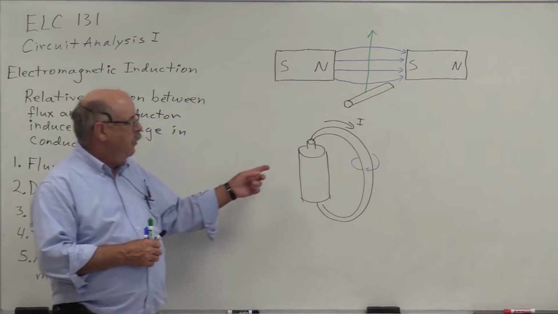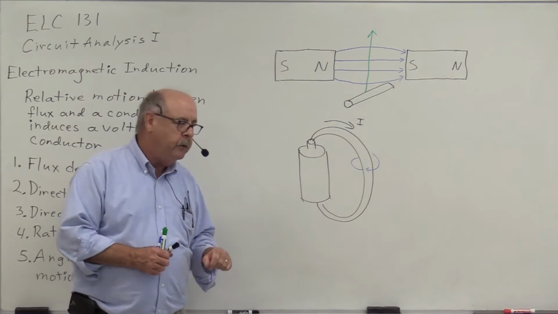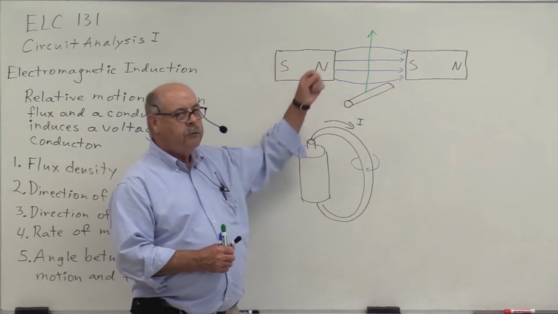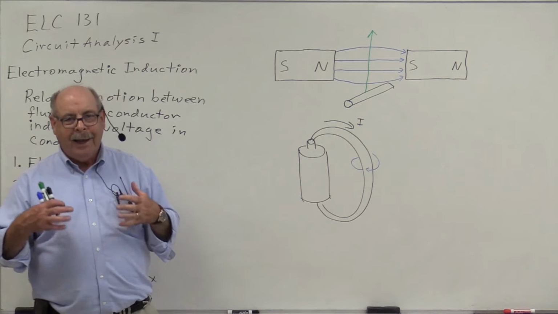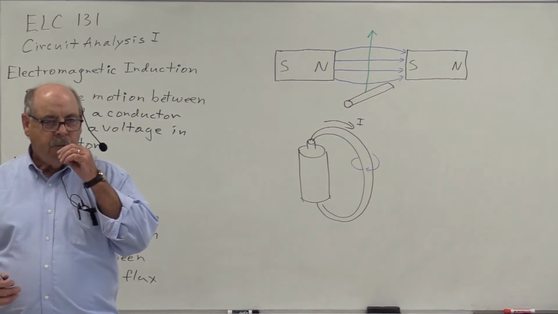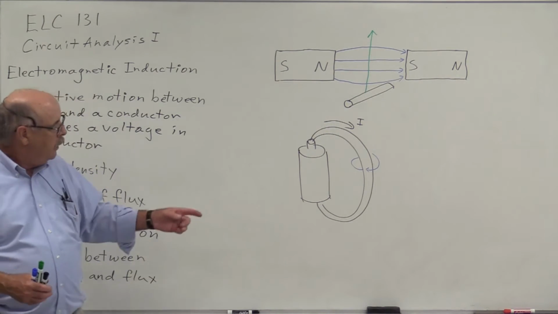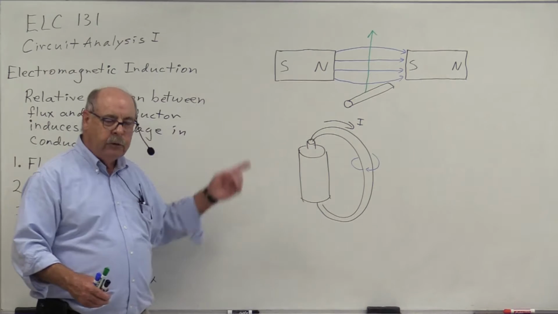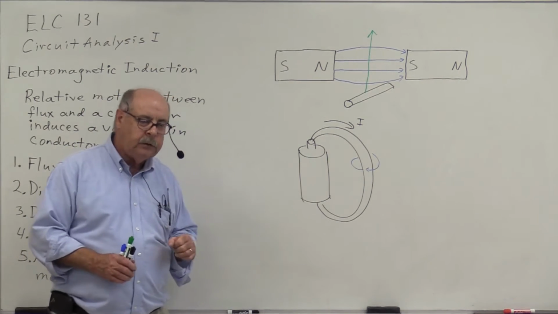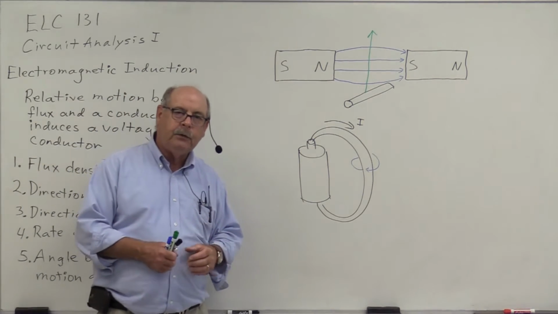So if moving electrons in a conductor makes a magnetic field, moving a conductor through a magnetic field has to make electrons move. I can't have it one way and not have it the other way. If moving electrons through a conductor makes flux, moving a conductor through flux has to make electrons move.